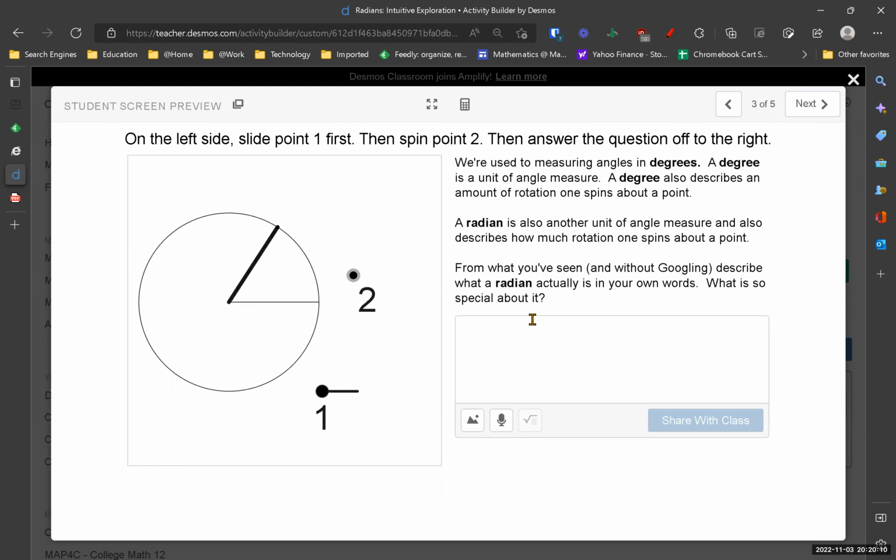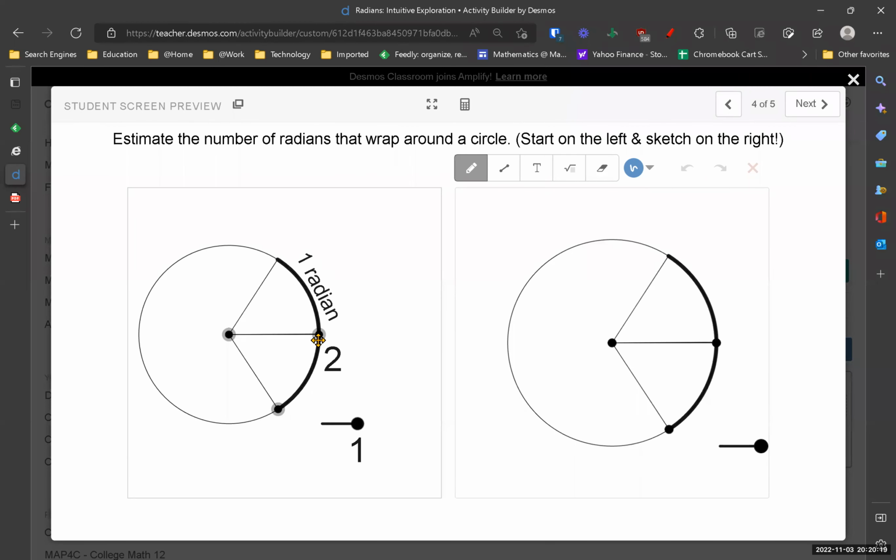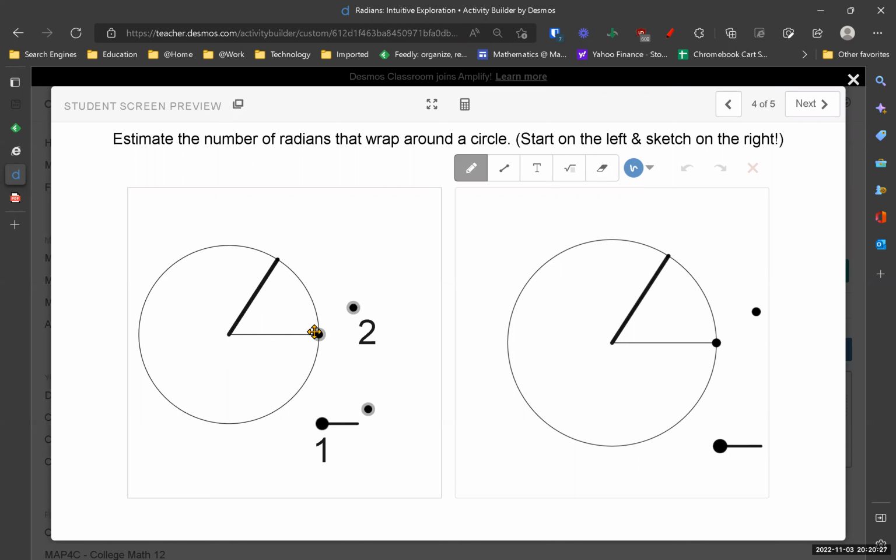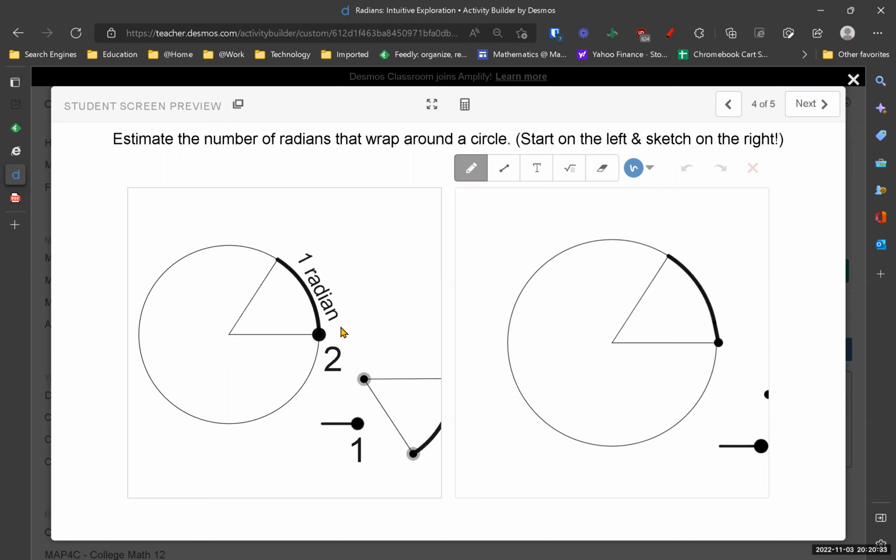To do that, we have to know how many radians are in a circle. So I'm going to use this exploration. We have 1 radian. The radius comes out and we line it up with the circumference.